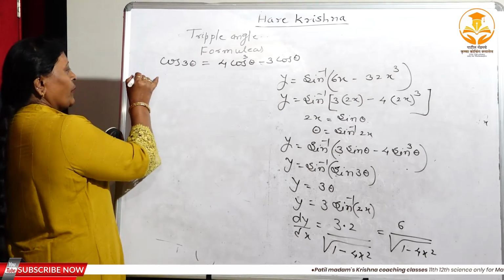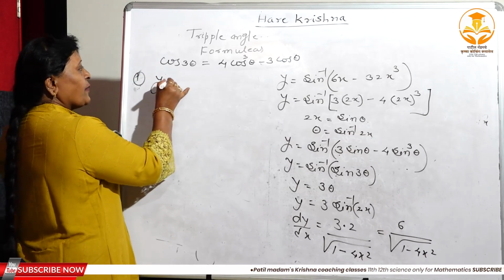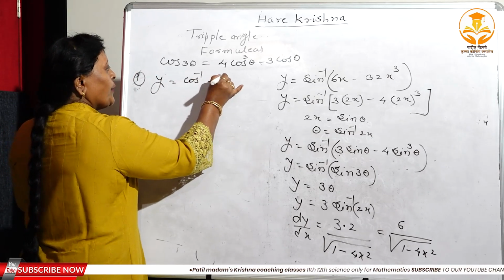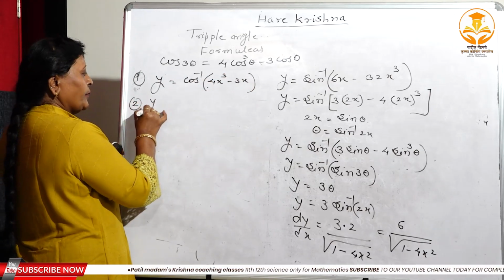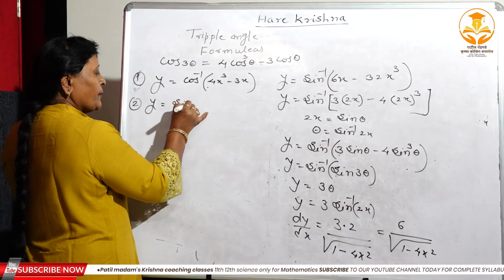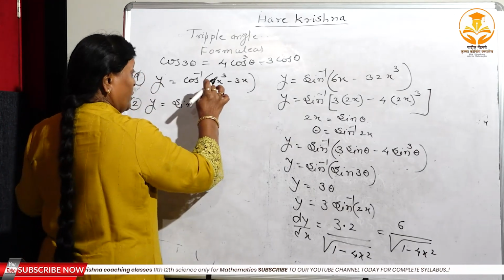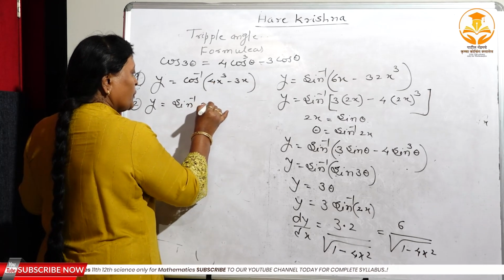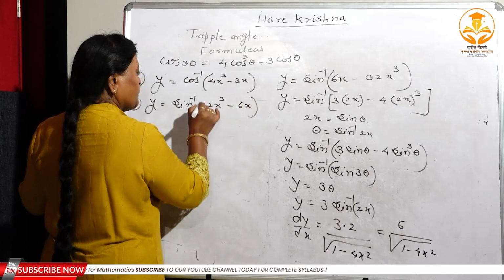See, the first one, y is equal to cos inverse of 4x cube minus 3x. Second one, again sine inverse, here this is 4 times 8x cube, that is 32x cube, and here 6x.